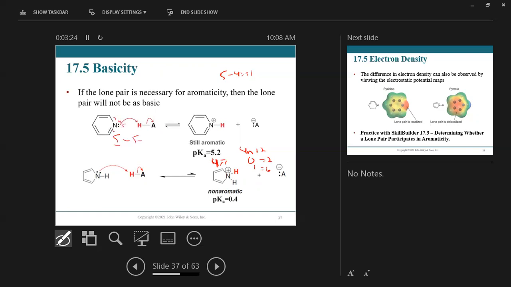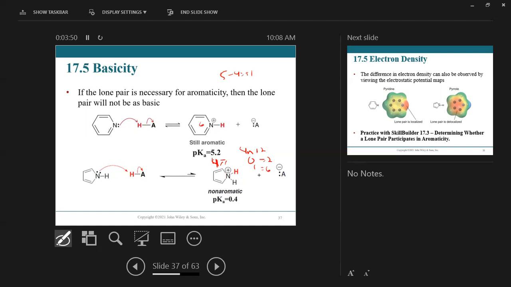I'm counting formal charge. Here it's 0. So we have a formal charge of 0 right here. When we have a formal charge of 0, now we satisfy the 4n plus 2 rule. Well, actually, you don't satisfy it right here. You have to have this lone pair gone right here. So then here we have 6.